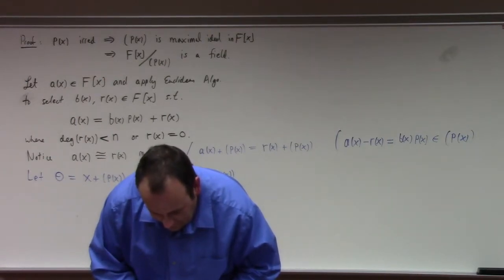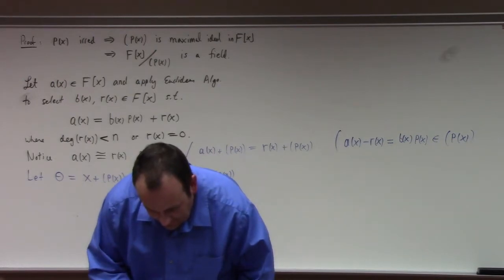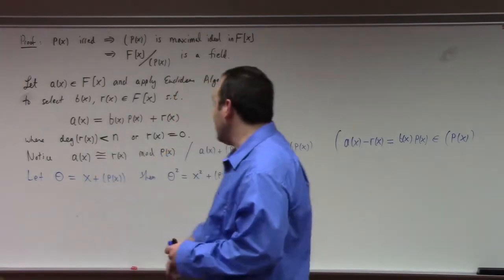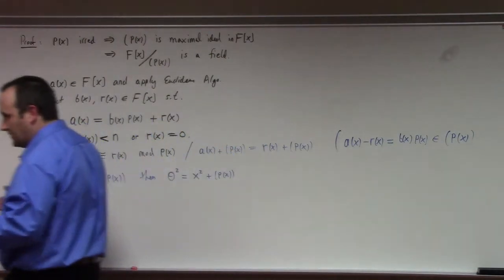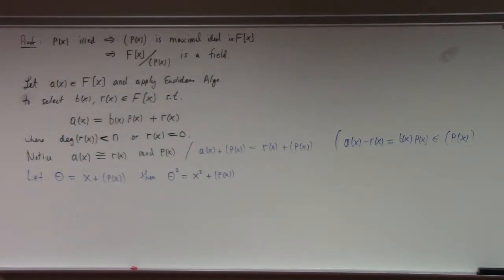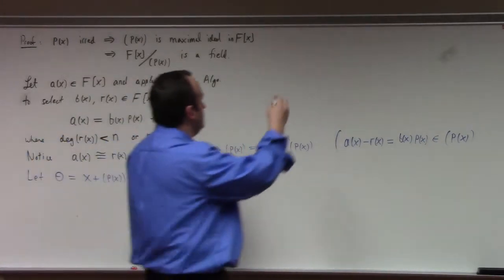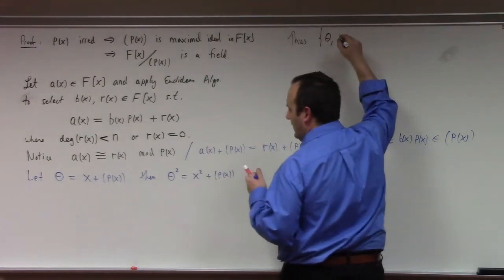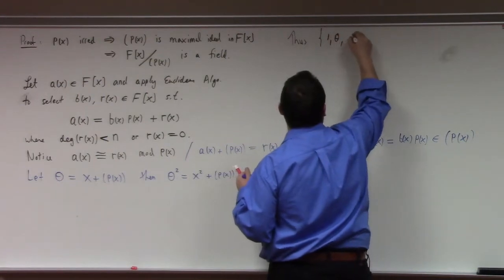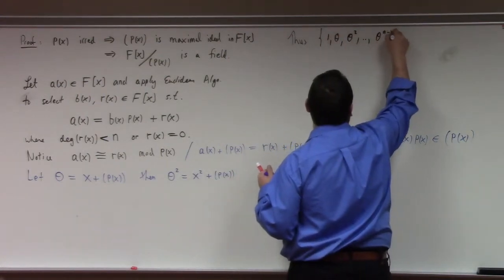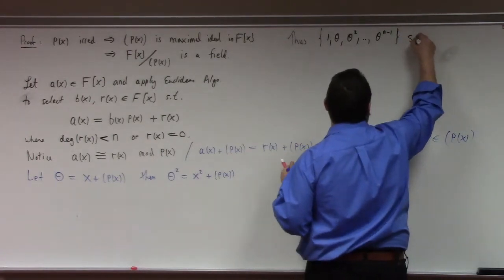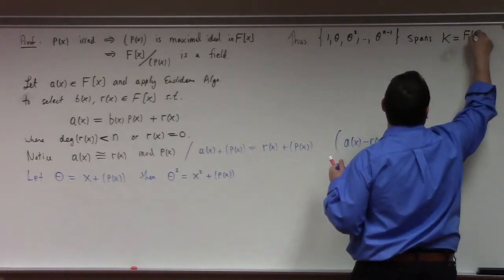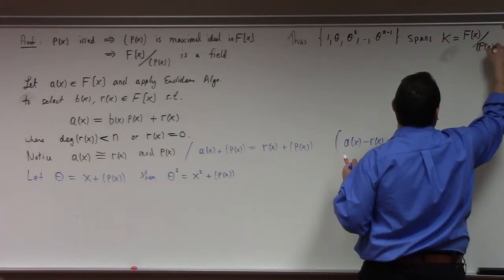Hence the images of 1, theta, theta squared, up to theta to the n minus 1, of 1, x, x squared, up to x to the n minus 1, span the quotient as a vector space over F. So his claim is, from this, it's then clear that 1, theta, theta squared, up to theta to the n minus 1 spans K. Does that make sense to you guys?